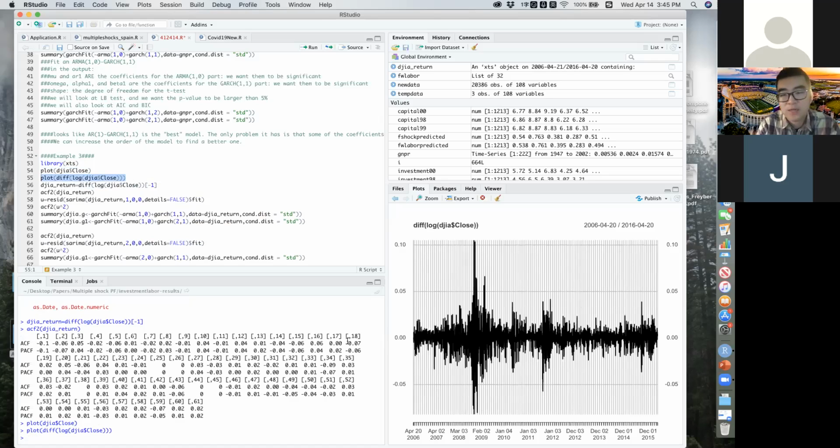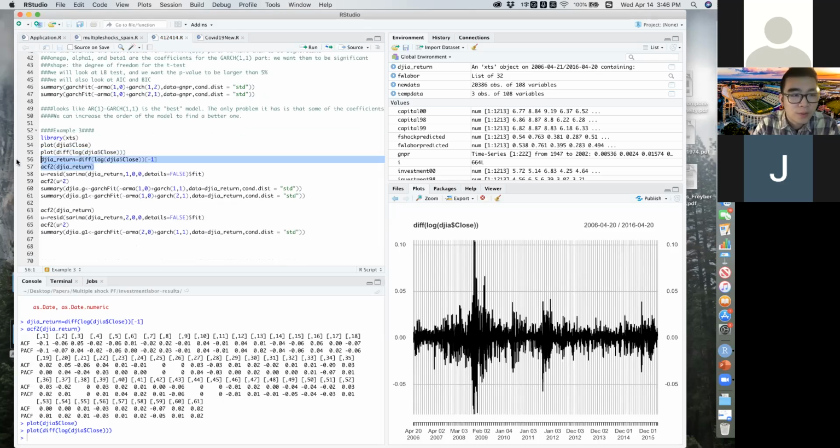All right, so that's the plot we have after the transformation, and we notice there's still some large variance. The more important thing is that the high volatility periods tend to be clustered together, and the low volatility periods tend to be clustered together. So that implies that we want to fit a GARCH model to that.